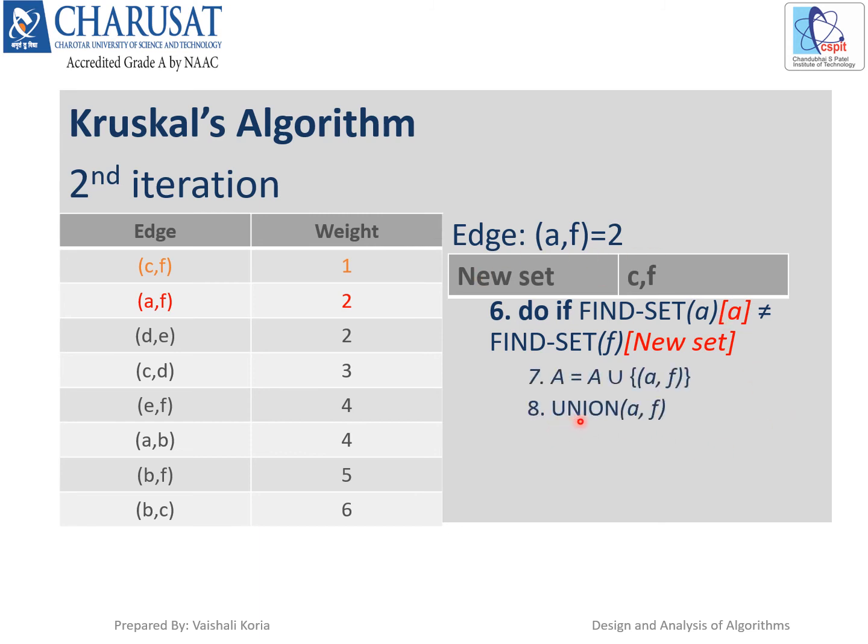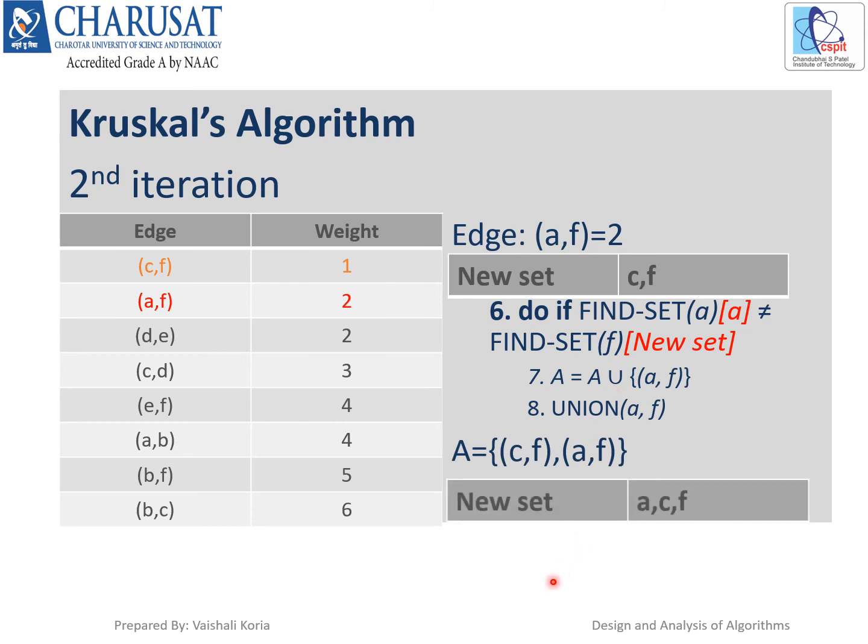And after performing the union of A and F, what happens? These two sets will be merged. So the new set will contain A, C, F, these three elements. So this AF will be added to the solution set, and by the union operation a new set is created which represents A, C and F.